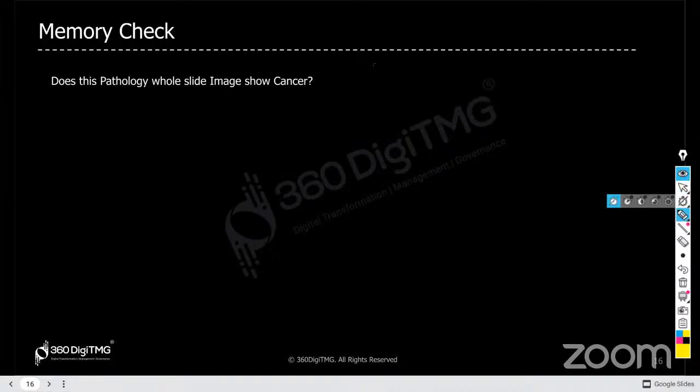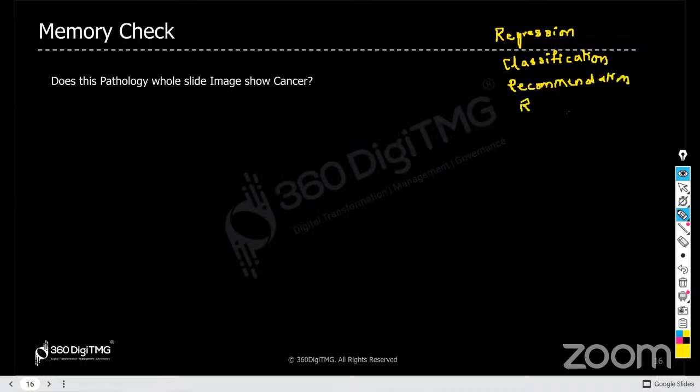We have to understand whether the question given here is a regression problem, or a classification problem, or a recommendation problem, or a retrieval problem. These things we have to categorize here.